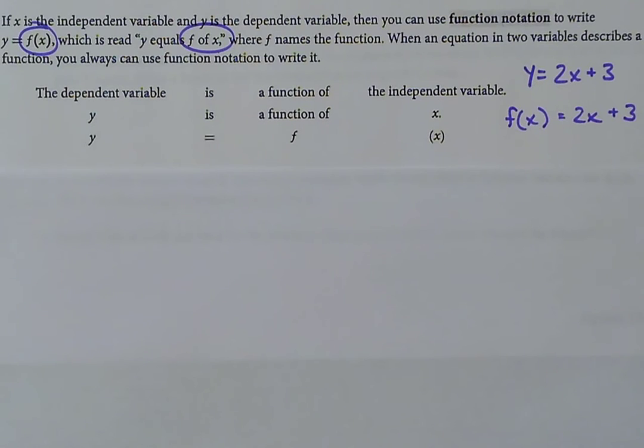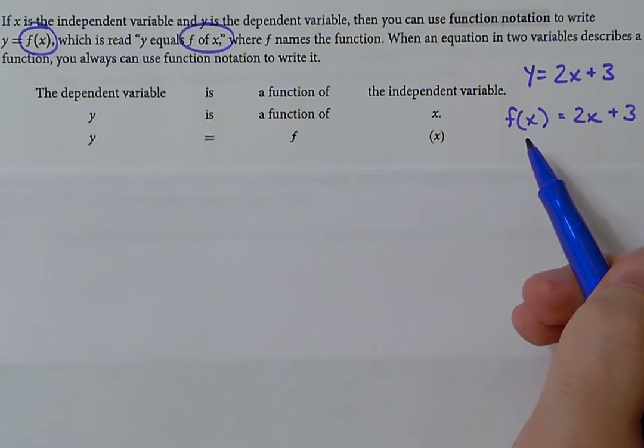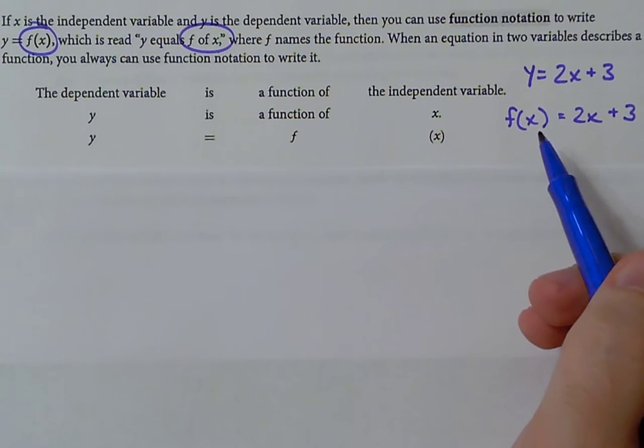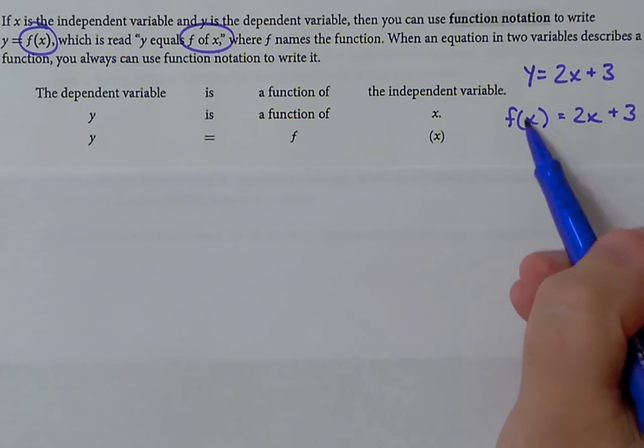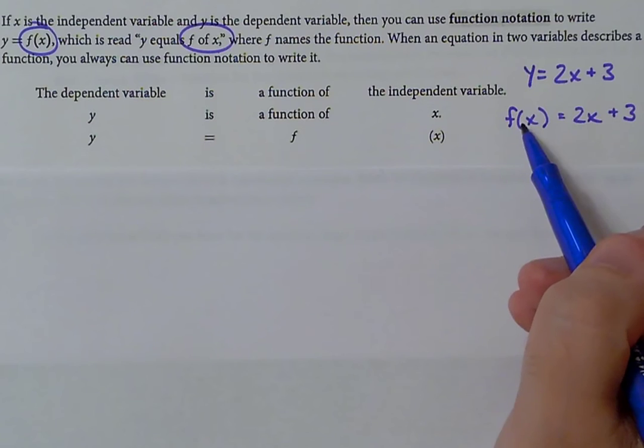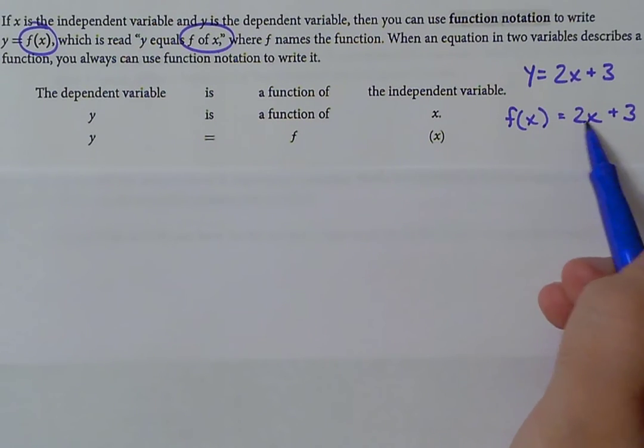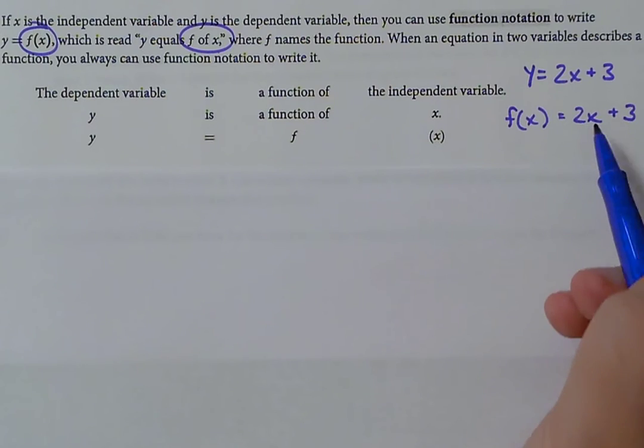There's a whole basis for why mathematicians use this, and you'll kind of see it when we plug in a number, because it helps us know that when x is 5, f of 5 is whatever this is when I plug 5 in for x.